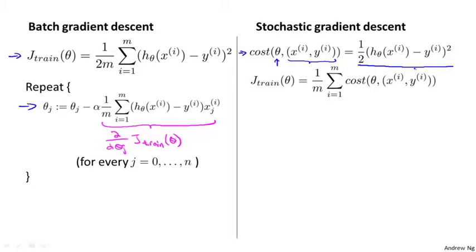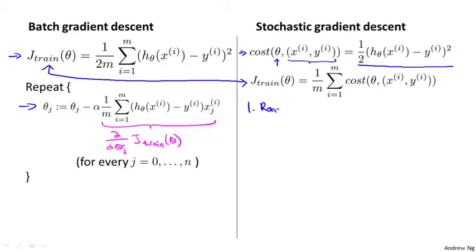Now you notice that the overall cost function J train can now be written in this equivalent form. J train is just the average over my m training examples of the cost of my hypothesis on that example (x^i, y^i). Armed with this view of the cost function for linear regression, let me now write out what stochastic gradient descent does.